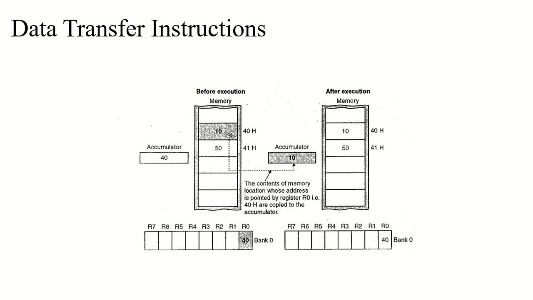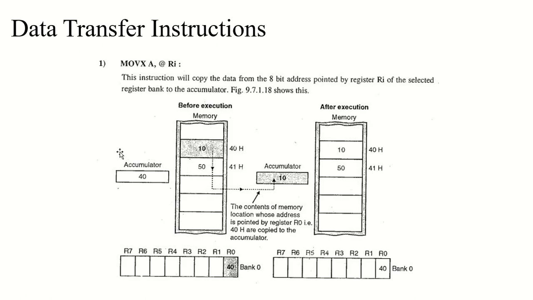Now let's see the next instruction, because we have seen already MOV. We have seen three examples of MOV. Let's see MOVX. This one is MOVX, which stands for move external.